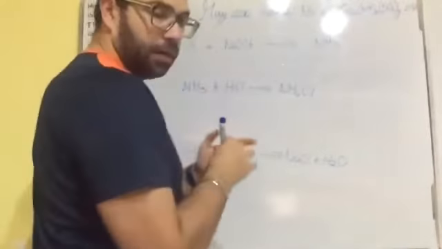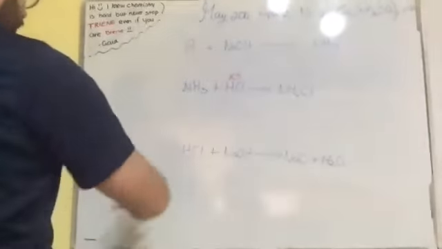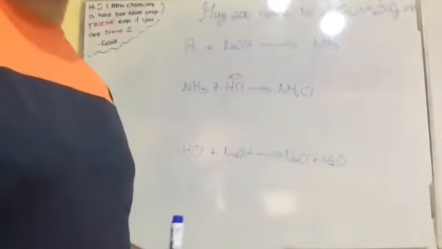In this one here, the HCl is in excess, and therefore what's left has been reacted with 20 centimeters cubed of 0.5 molar NaOH.